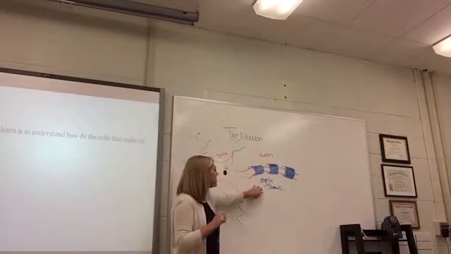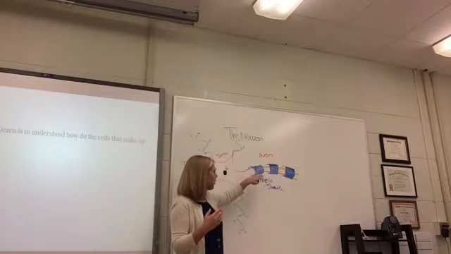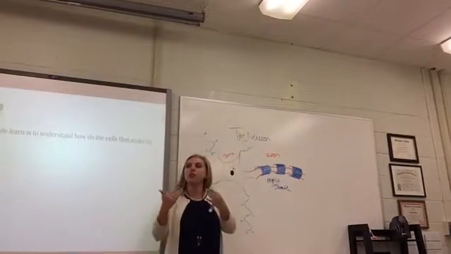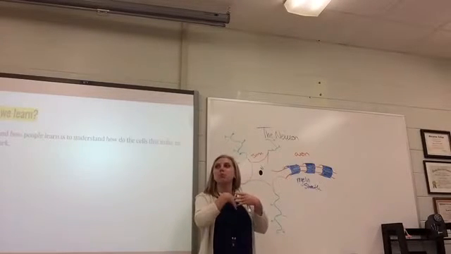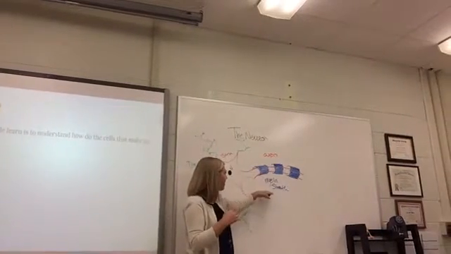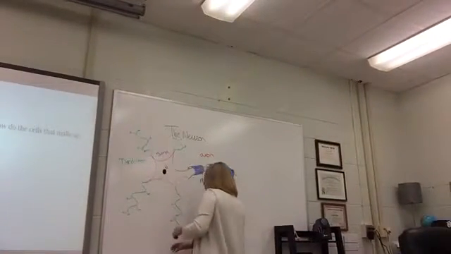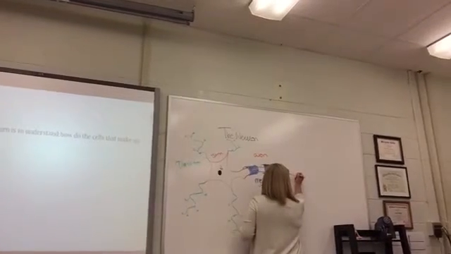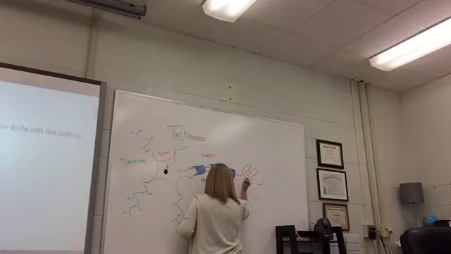So my myelin sheath, as a fatty tissue, is encasing and protecting my axon, but it also makes this message, this neural impulse, technically called an action potential, move faster. As I get older, my myelin sheath deteriorates, and that's one of the reasons why older people have slower reaction times.